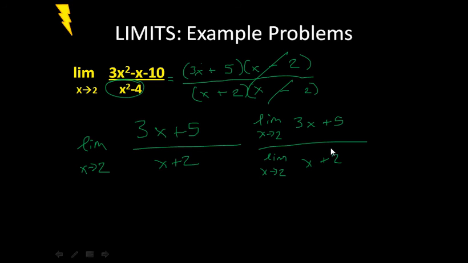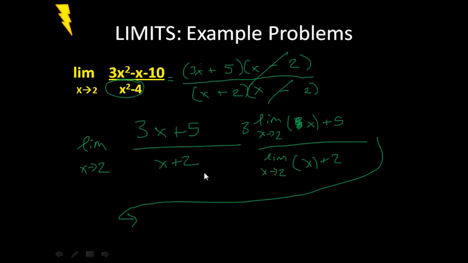But if you remember, constants are just constants, so then we can just kind of do that. And then we can pull the 3 out here. So the limit of this is, so now let's go down here.